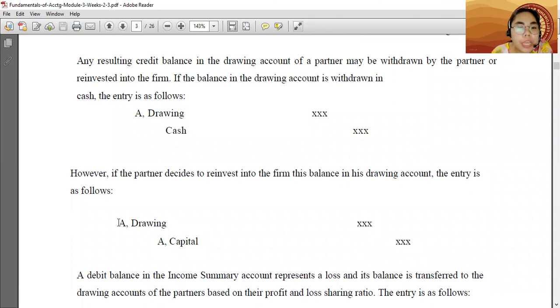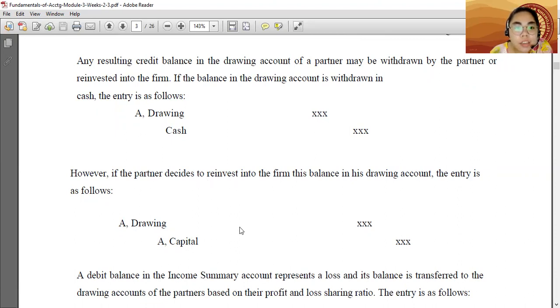So you debit your drawing account and you increase your capital, so you credit your capital. So this is your entry if that is the case, that you reinvested your share in the income from the partnership back into the firm.